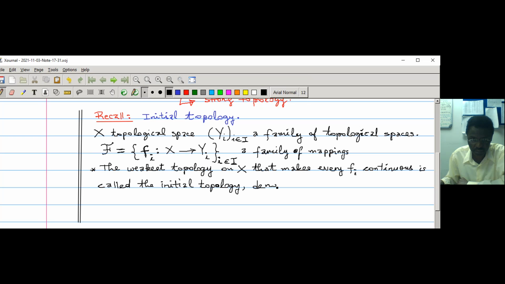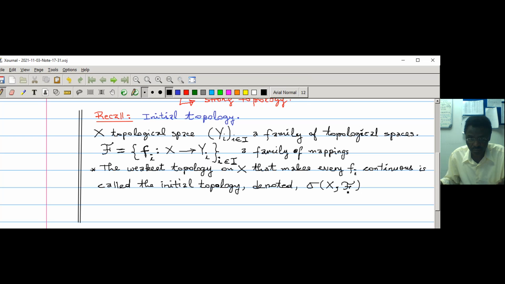And it is denoted sigma of X with the family here, right? Of course, you can replace this F with this family.